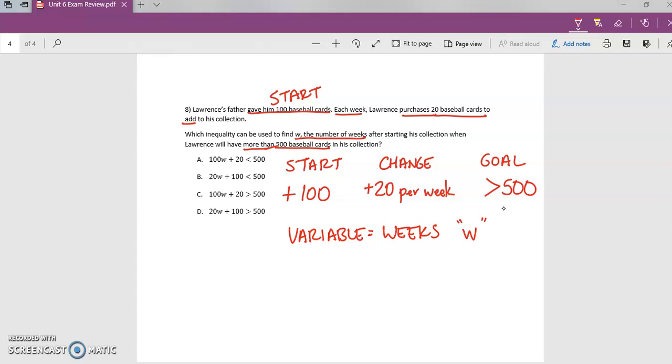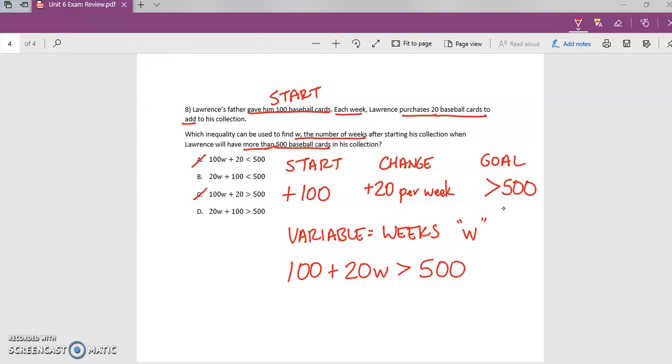So we can start with 100 plus 20 times W being greater than 500. Does that look like any of the answer choices here? It doesn't look like C, it doesn't look like A, because those have the variable with 100.